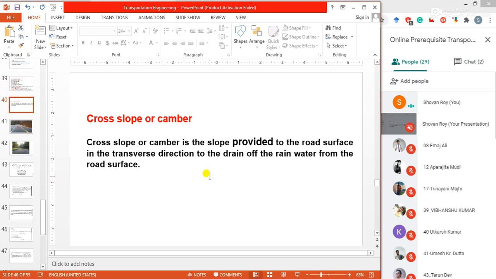So if we are not able to prevent the entry of water into our pavement layer or the subgrade layer, these kinds of things can easily happen.